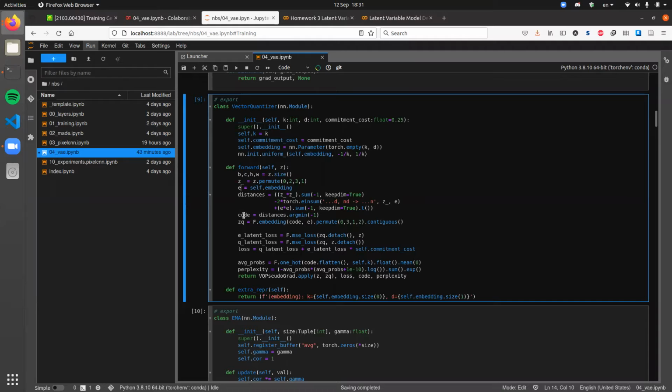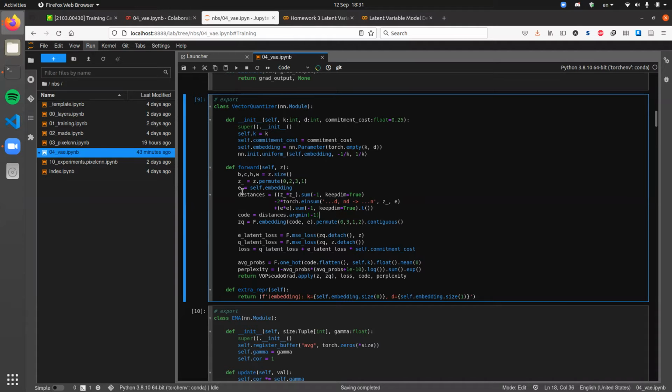Then we obtain our code by doing the argmin over the distances. So for each value in z, we get the index of the closest embedding. That is how it works.